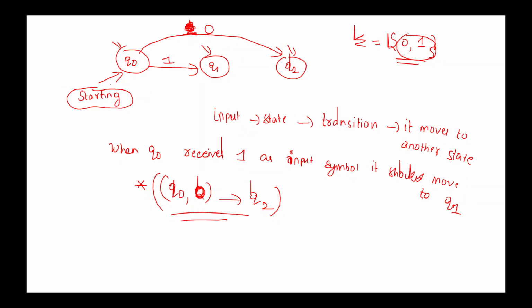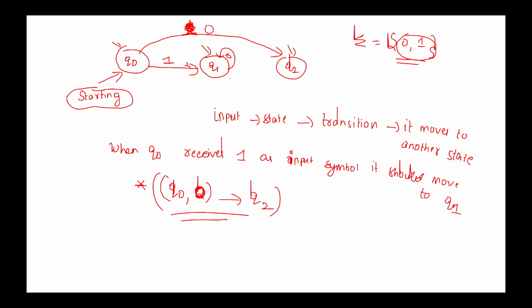Suppose in this diagram, you can see Q1 has not been defined on any input symbol. Q1 doesn't have any path on 0 and 1, right? So I must give a path from Q1 on input symbol 0 as well as 1. Suppose when Q1 receives 0 as an input symbol, it should stay there.